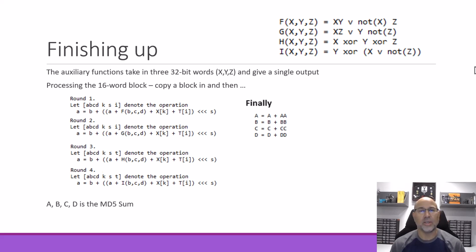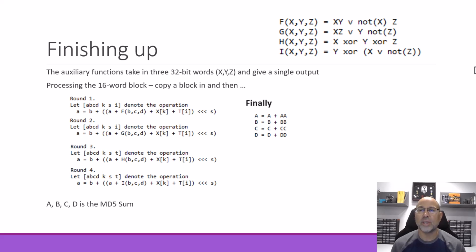Now this is more than you could do in a YouTube video, but you can see that in round 1 you do a particular operation, and the function that you're calling, the aux function, that's the main part of that, is going to be F. And then you go to round 2 and the main function is going to be G. And then round 3 is H and round 4 is I. Now, what is maybe worth knowing here is that F, G, H, and I are logic functions, right?